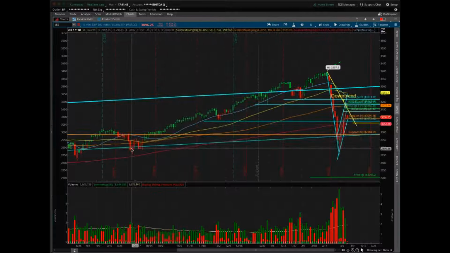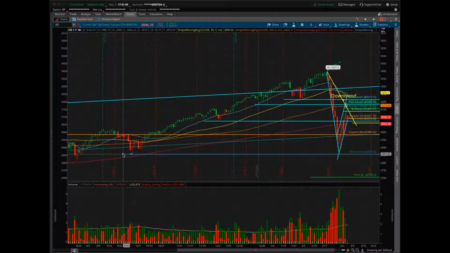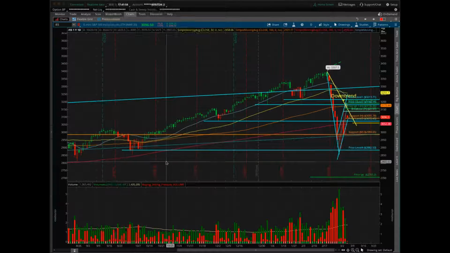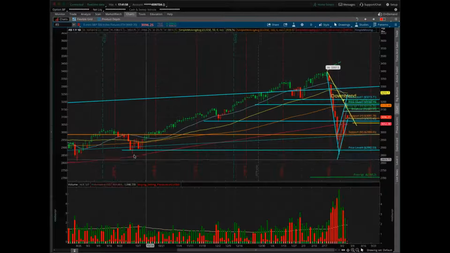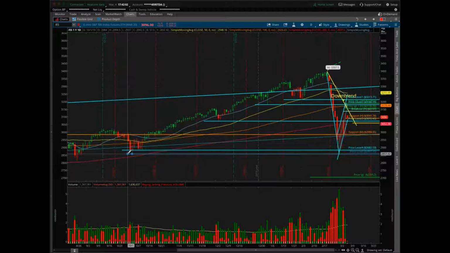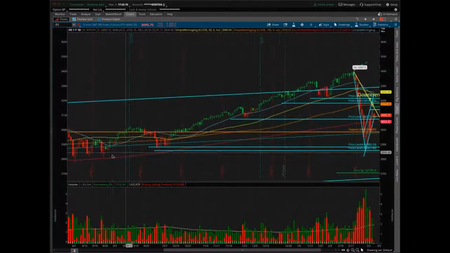Broke that low. Broke that low. And we even broke this low. And we broke this low. So we broke 1, 2, 3, 4, 5 lows. We broke all these lows from this whole uptrend here.